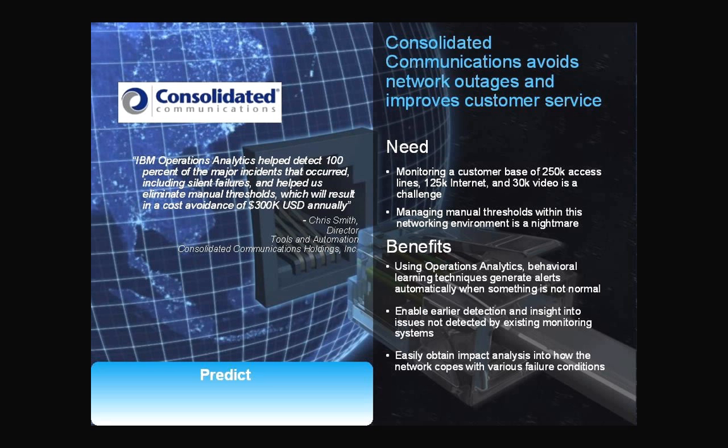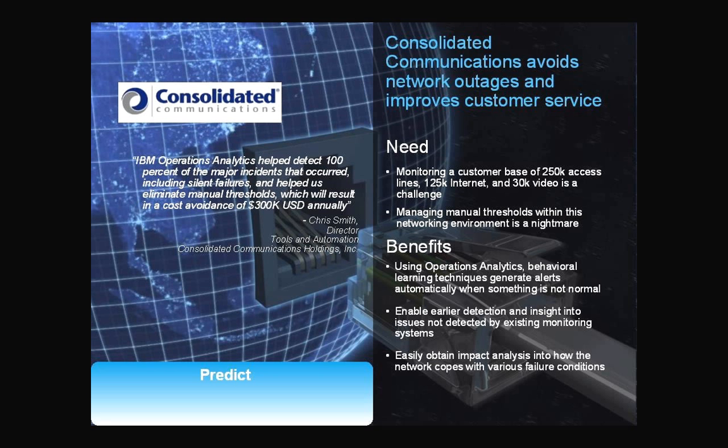In doing so, they're able to have a cost avoidance of $300,000 US yearly by being able to take those resources that were spending time setting, adjusting, moving manual static thresholds, and let the analytics and the alerting that comes out of analytics do that for you.